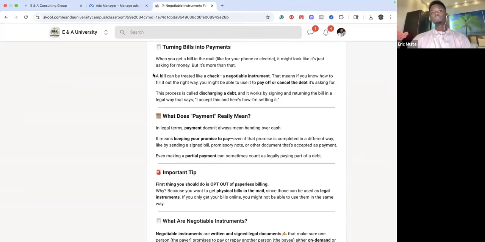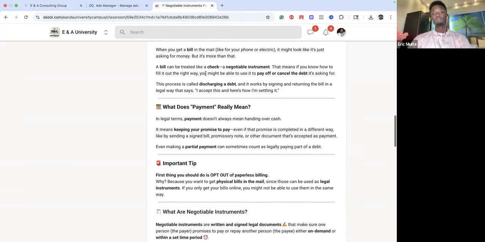Turning bills into payments. When you get a bill in the mail, like for phone or electric bill, right? It might look like it's asking for money, but it's more than that. The bill can be treated like a check, a negotiable instrument. But if you know how to fill it out the right way, you may be able to use it to pay off or cancel the debt it's asking for.